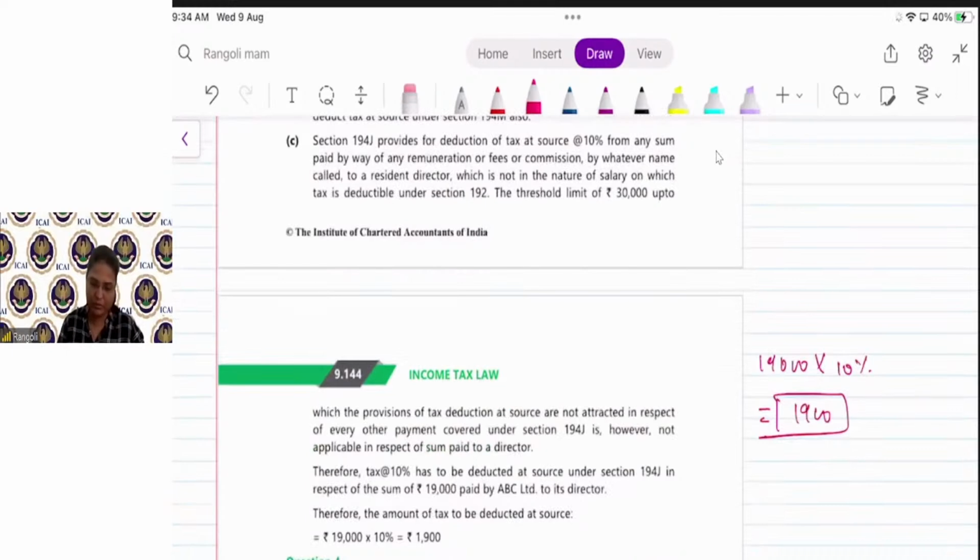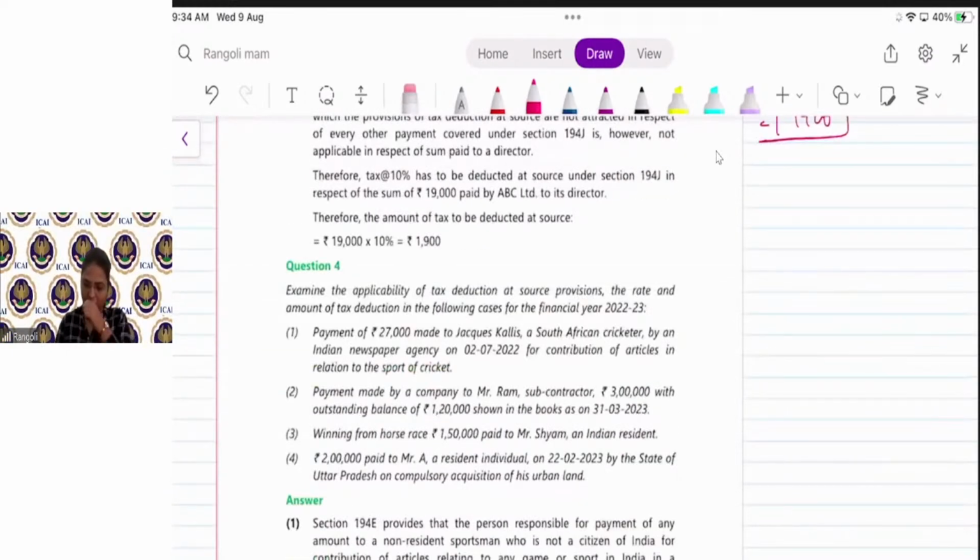Question number 4. Examine the applicability of tax deduction at source provision, the rate and the amount of tax deduction in the following case. Payment of 27,000 to Chekas Kalis, a South African cricketer, by an Indian newspaper agency on 2/7/22 for contribution of article in relation to sports of cricket.